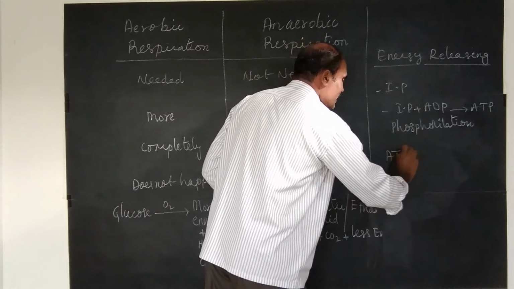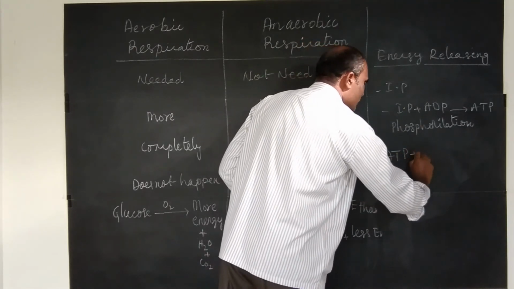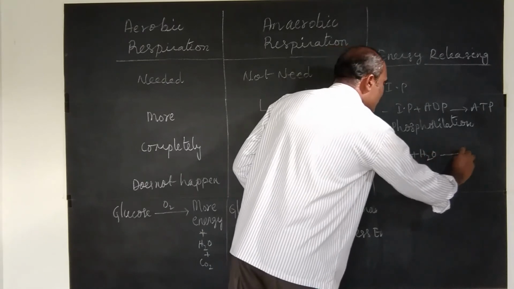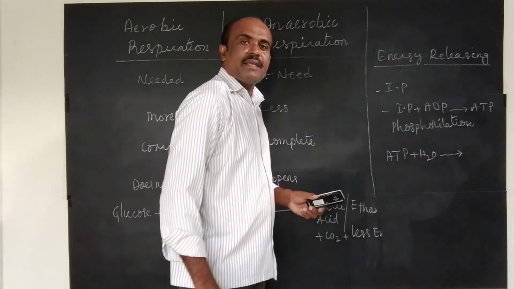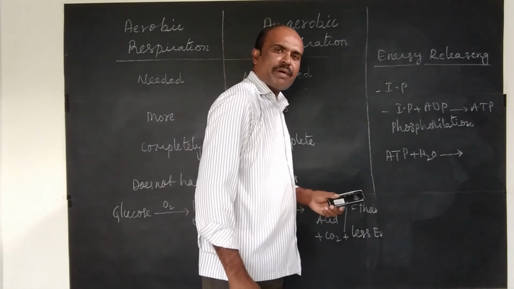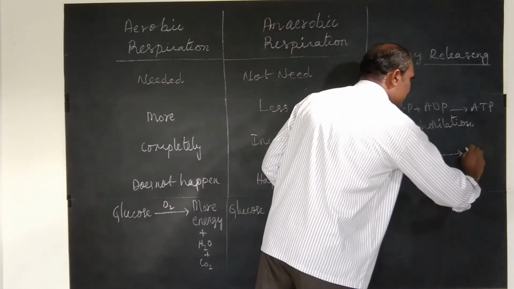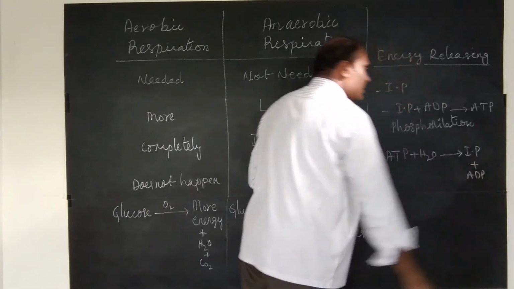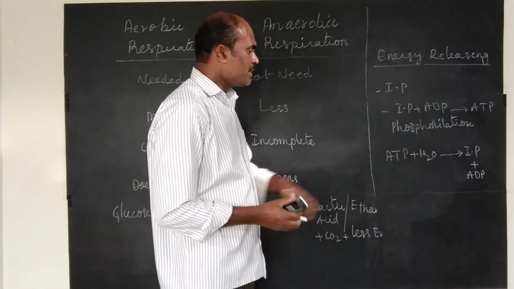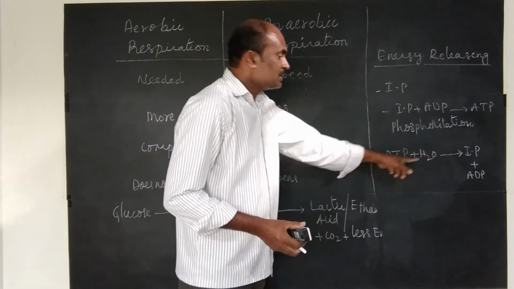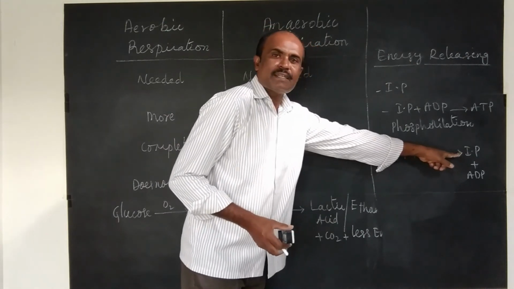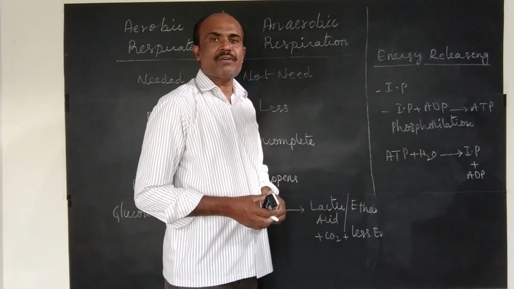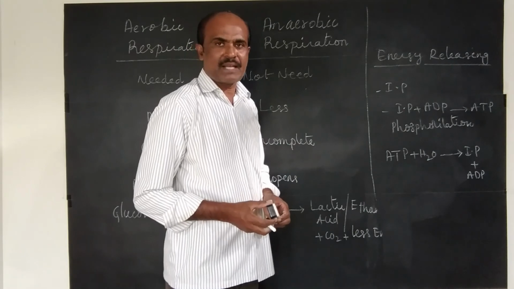See, ATP in the presence of water is broken down into inorganic phosphate and ADP. The terminal phosphate is removed from the ATP molecule. So this energy is used for carrying out biochemical functions of the cell.